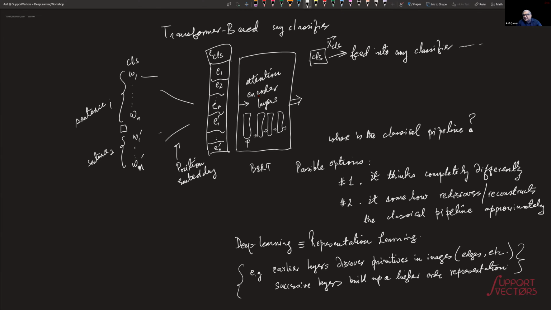Now, the whole question is, is it happening, right? Is it happening along the classical pipeline approximately, or is it an entirely new way of thinking that the transformer is doing? So what this paper shows actually is that the classical understanding of NLP or linguistics is actually correct broadly.